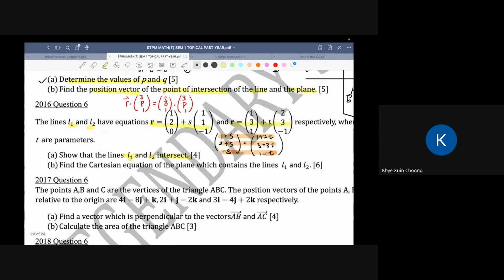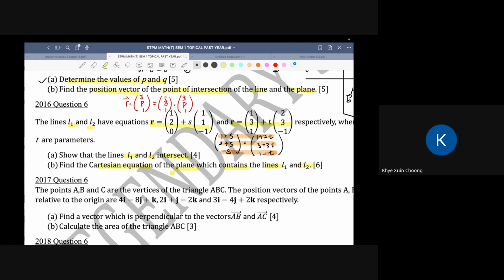Okay, so B, after you found this, find the Cartesian equation of the plane which contains lines L1 and L2. What if we are not able to do part A? Let's say we don't have the idea to do part A. Here we still manage to do part B, because without the answer in part A, it seems like it doesn't affect the answer in part B, right?